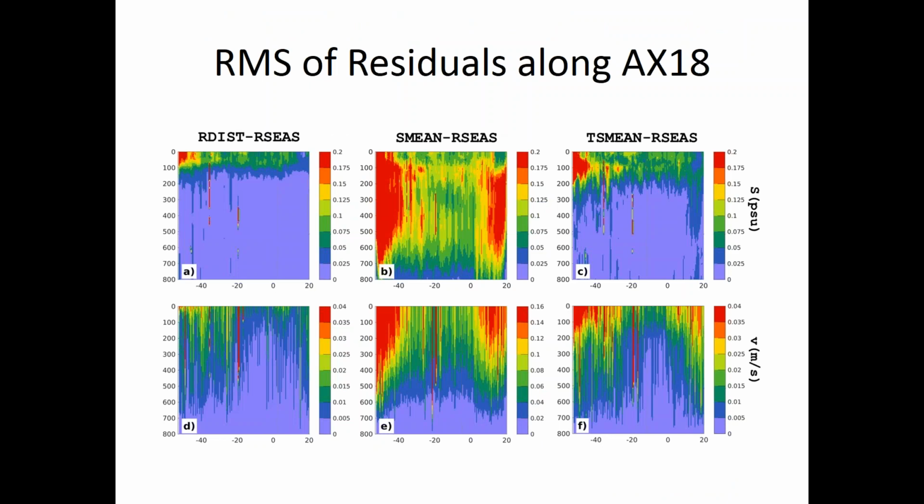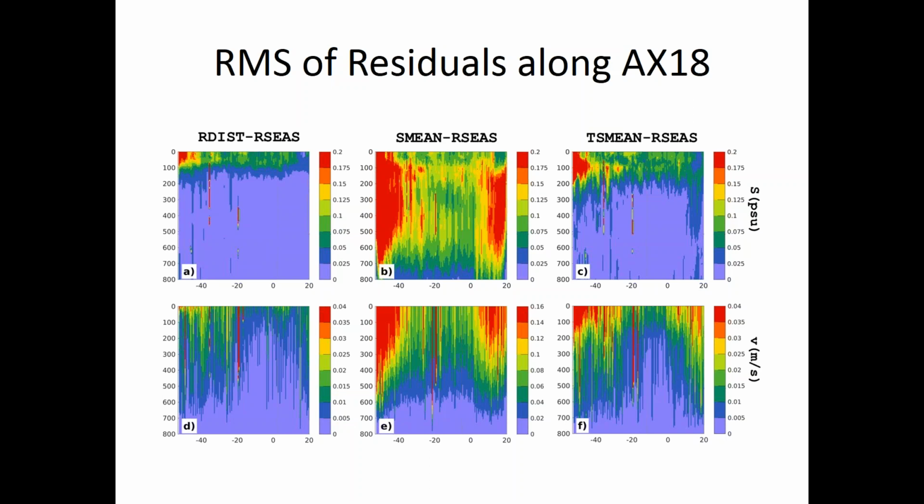So if you look at the X18, what would be the residual of the 61 sections that we use, in terms of salinity and velocity along the section, so this is longitude and this is depth.